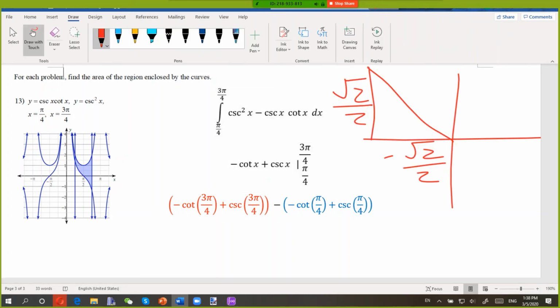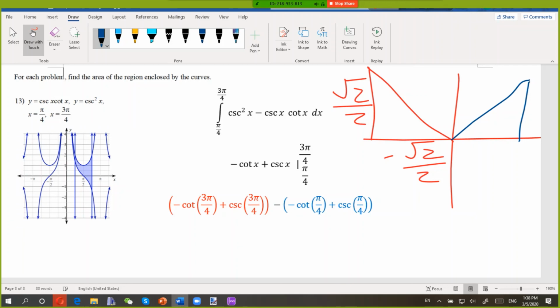And then at pi fourths, for our function in blue, that's also an odd number times pi fourths, so my x and y lengths are equal. So this would be root 2 over 2 positive for my x value and root 2 over 2 positive for my y value as well.